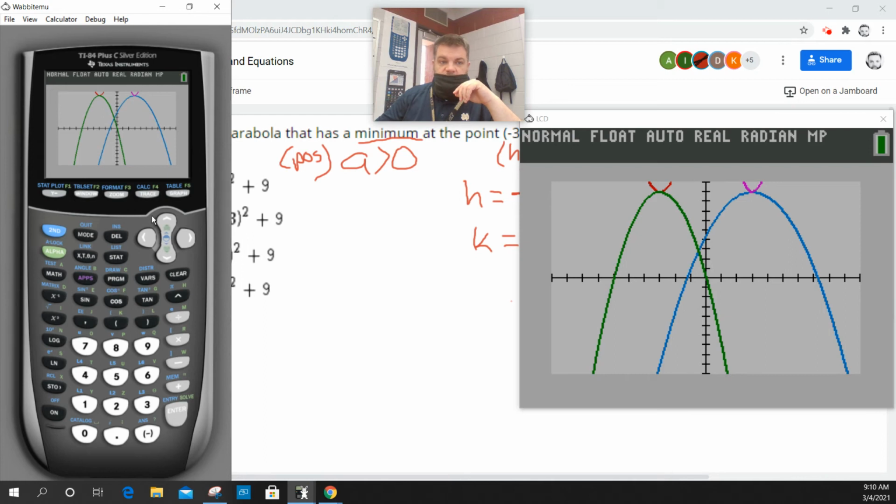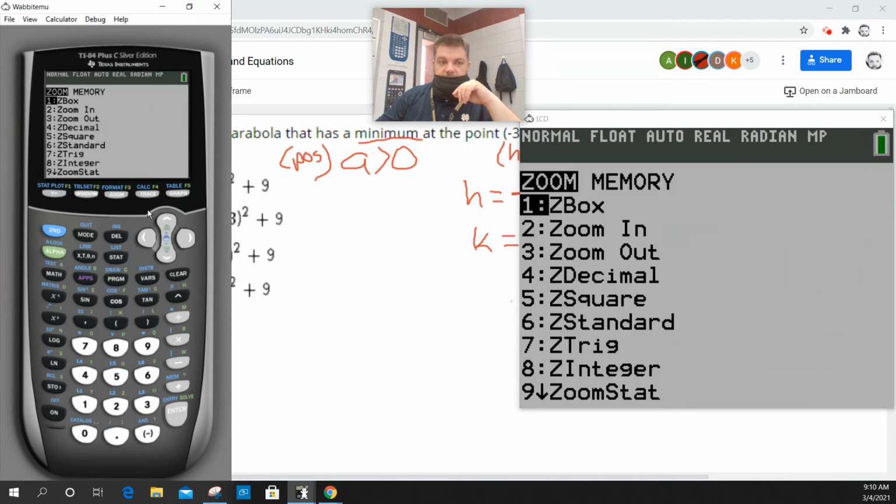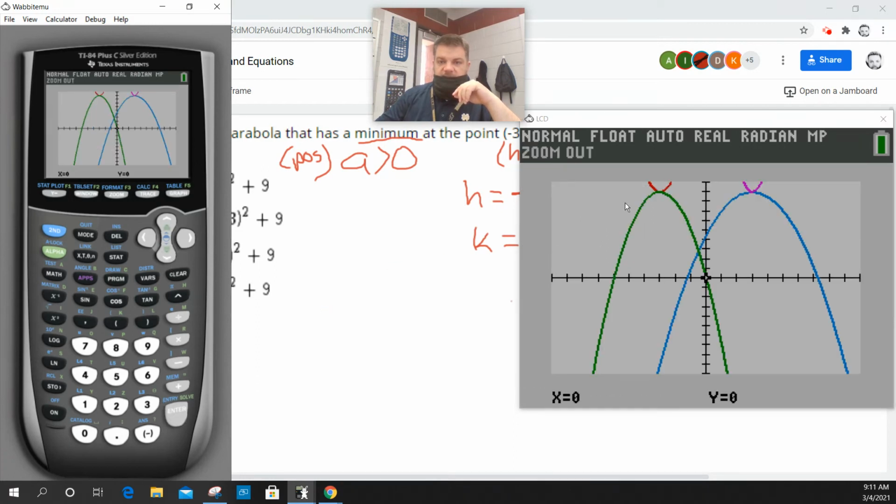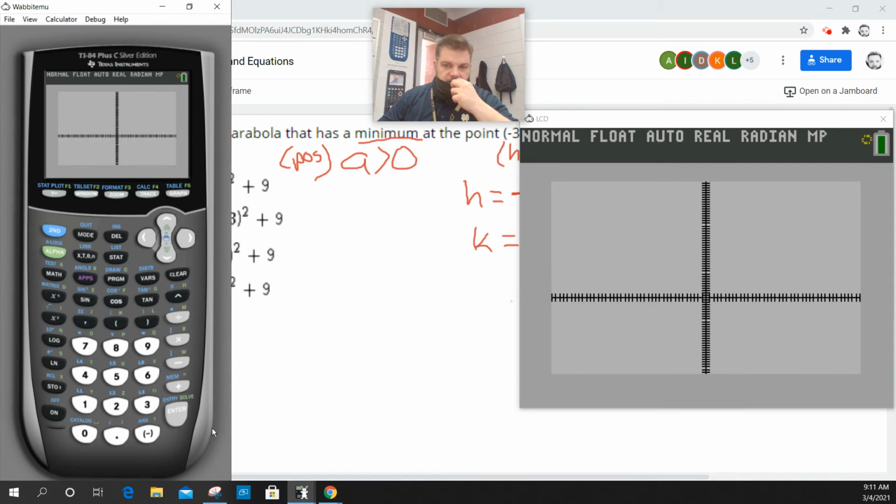All right, so I'm going to zoom out just a little bit. So I'm going to hit zoom. Actually, I'm just going to hit zoom out. Seems to be cutting off a little bit towards the top. So I'm going to move the cursor up closer to there because that's where I want to zoom out. And now I can see all 4 graphs.